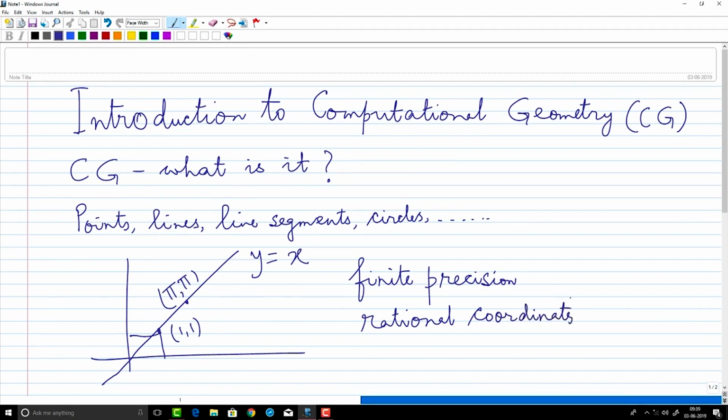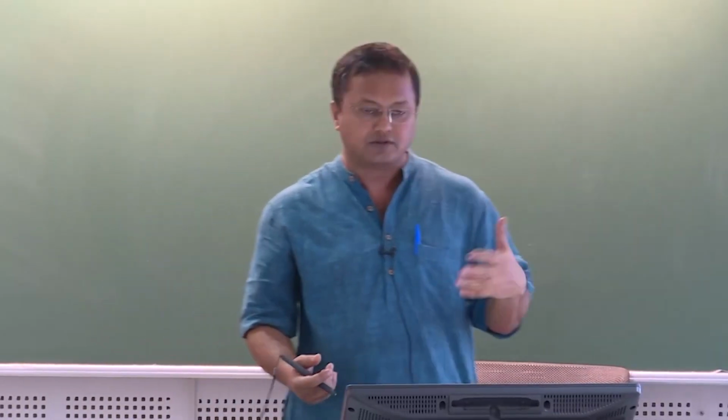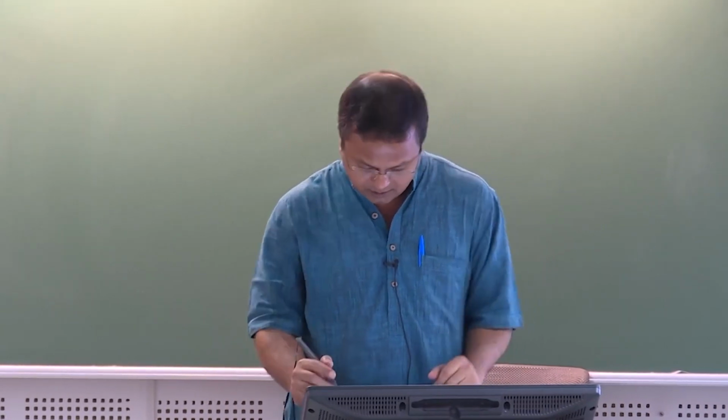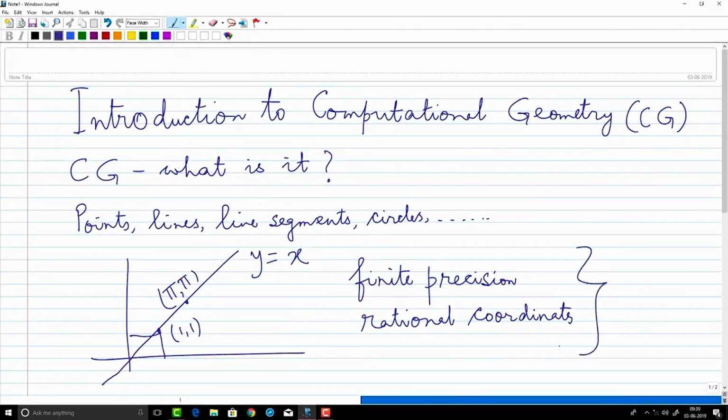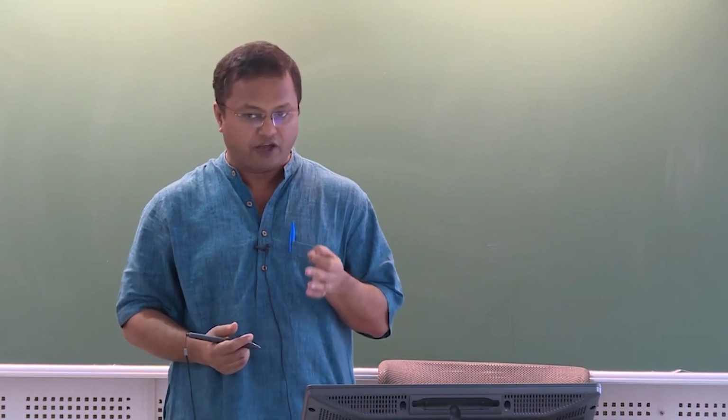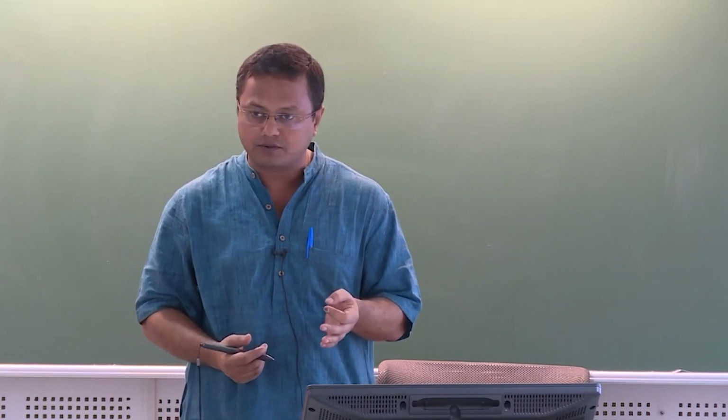So, I started by giving you a very simple example. As you go along, there would be more and more problems. Now, to deal with programming in computational geometry, there are dedicated softwares. One is LEDA, the Library of Efficient Data Structures and Algorithms.